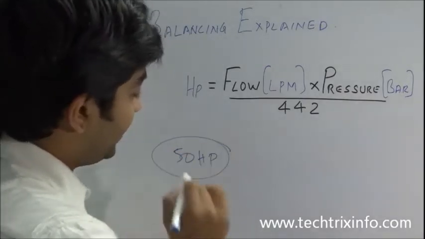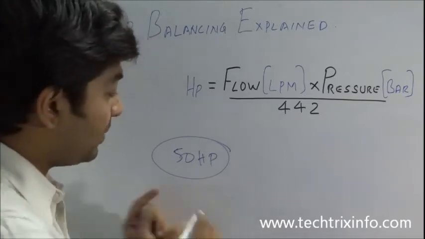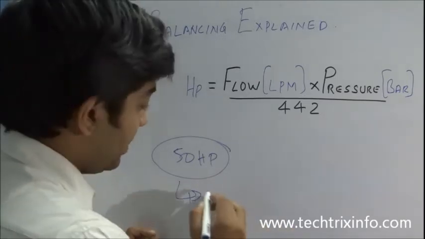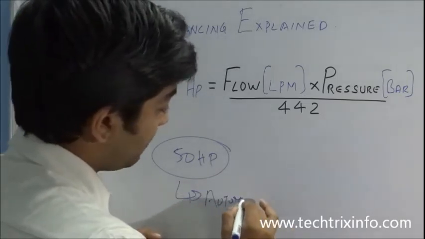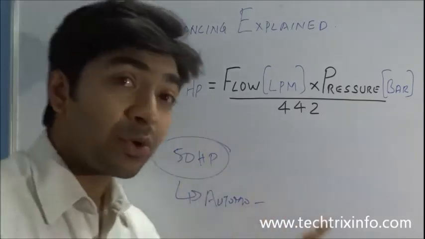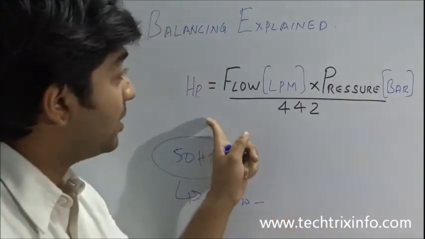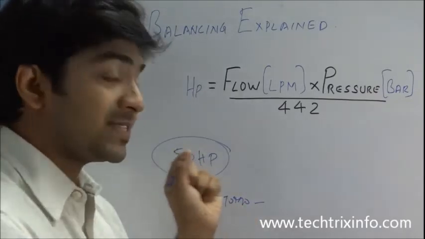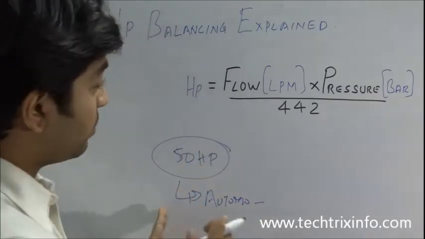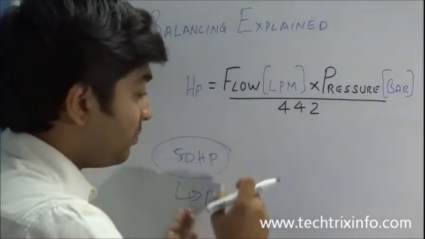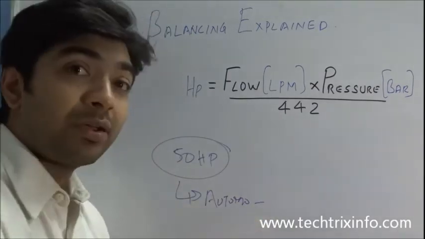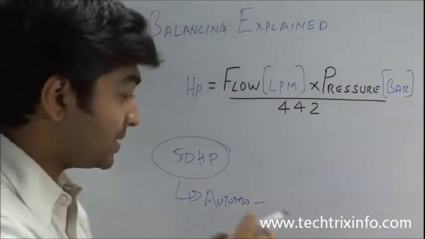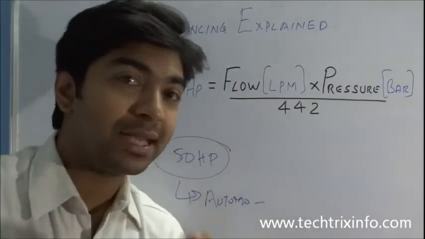So it is a 50 HP requirement for the automobile section of the machinery, and our hydraulic system requires a certain amount of power. Before getting an engine, we should first understand the power requirement for our hydraulic system, and we need to procure or install an engine which can support both the systems at the same time.